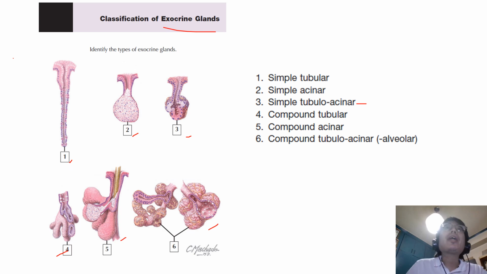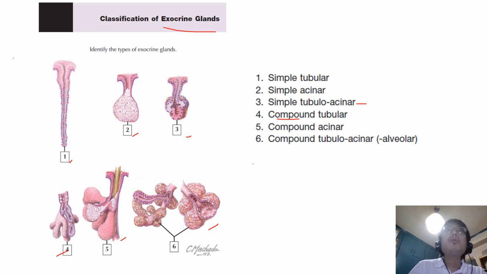They are further classified by the structure of the duct system as either simple or unbranched, as in sweat glands, and compound or branched, as in most organs such as the pancreas and liver. Glands may be classified also by the nature of their secretion.